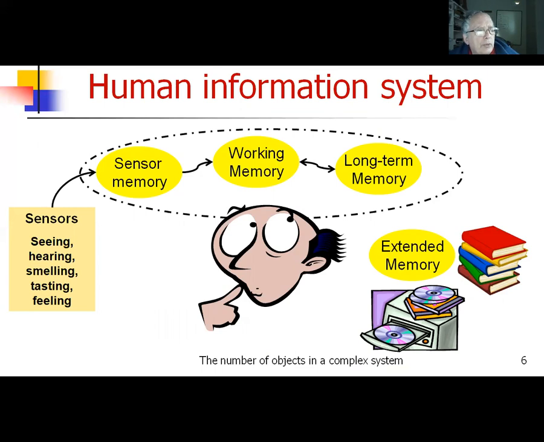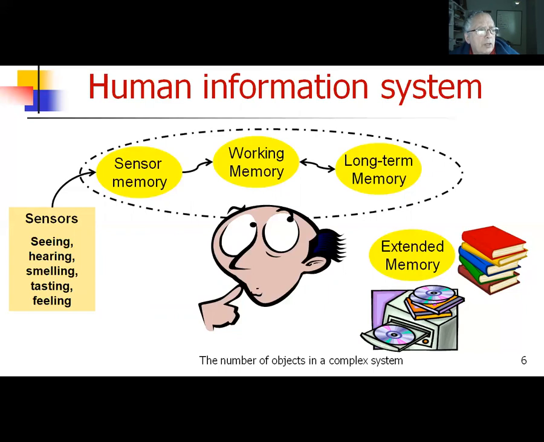Complexity and complex systems are an issue when thinking about systems. So what do we know about thinking? Here's a variation of the human information system model from cognitive psychology, where we have senses: seeing, hearing, smelling, tasting, feeling, and so on. That information goes into sensory memory.